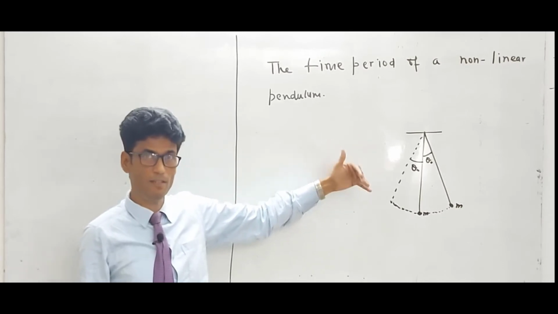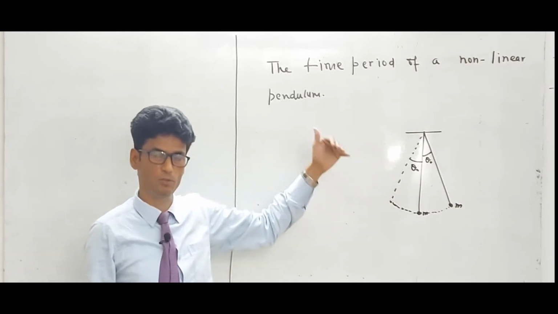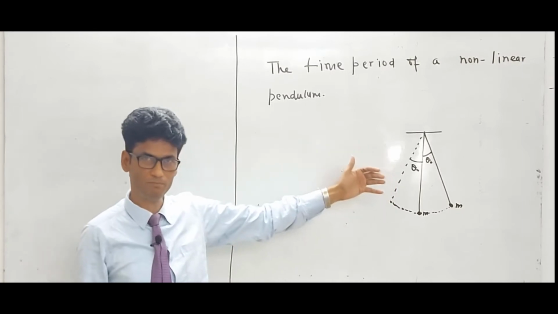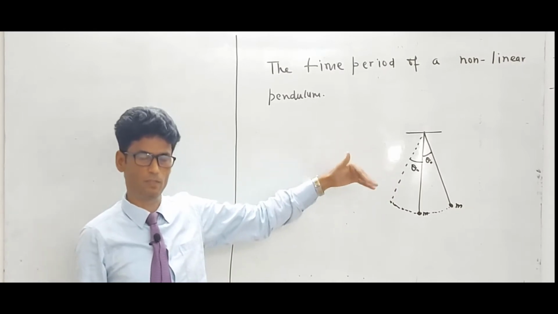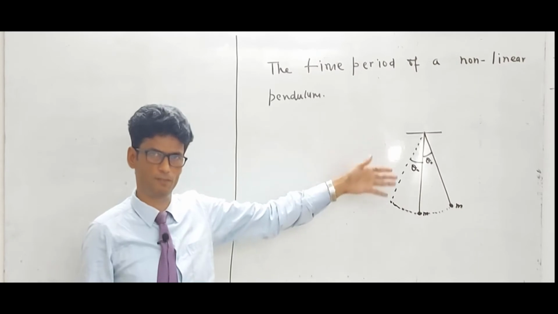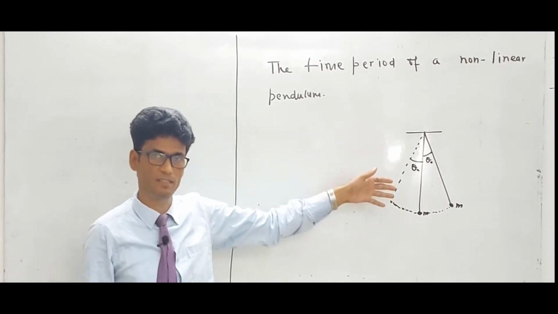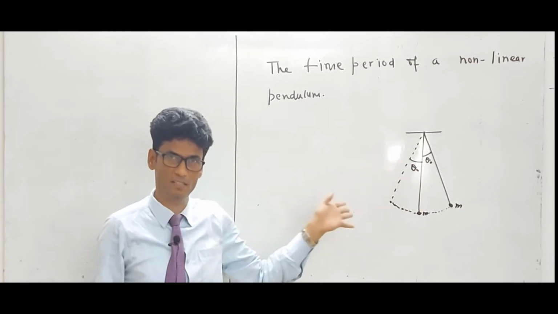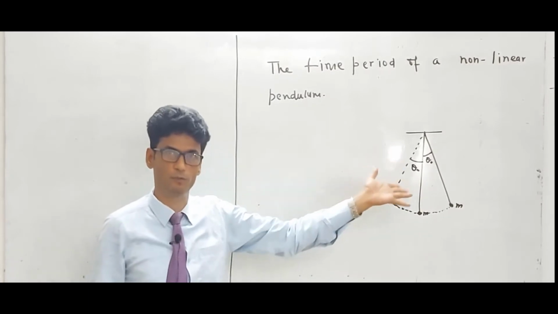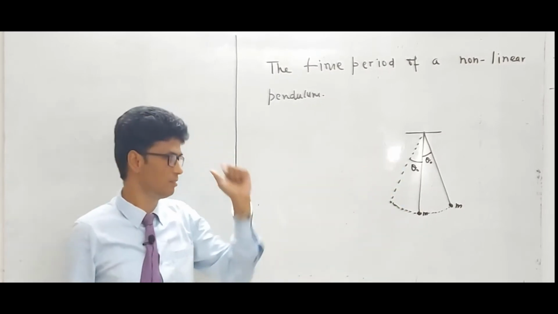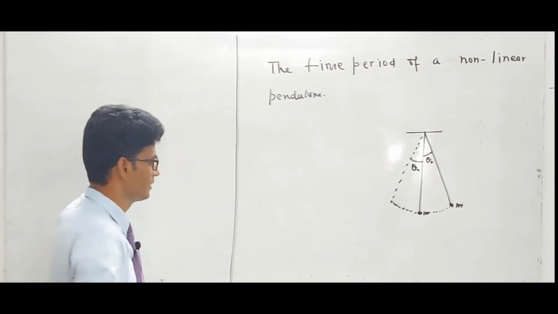So our assumption is that there is no dissipative medium, that is, there are no dissipative forces, frictional forces, or resistance forces acting on the system. That is why it continues forever, that is, the back and forth or to and fro motion is there. Okay, let us say here.